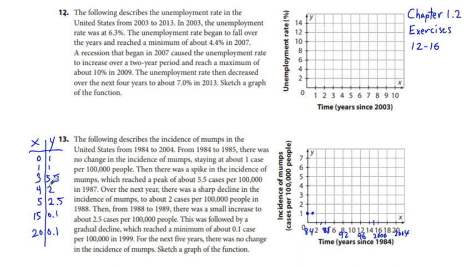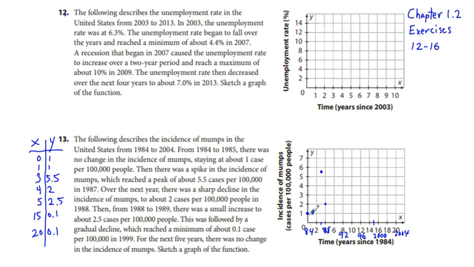Okay, next one. 3 is 5.5, so about here. Yes, very sharp increase. Next data point, 4, and the next year we went down quite steeply. So here in 1988, we went down to 2 cases.